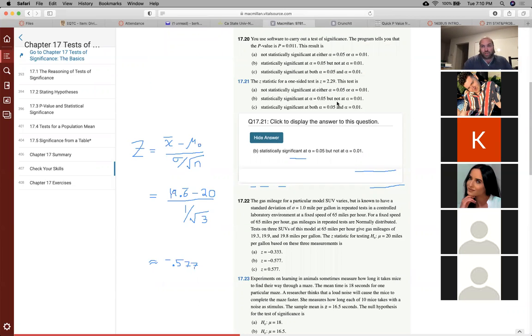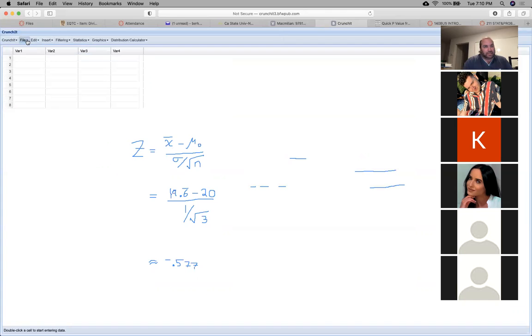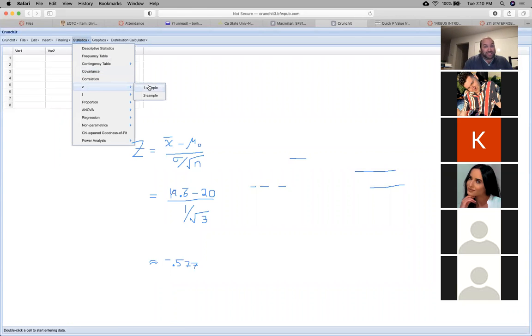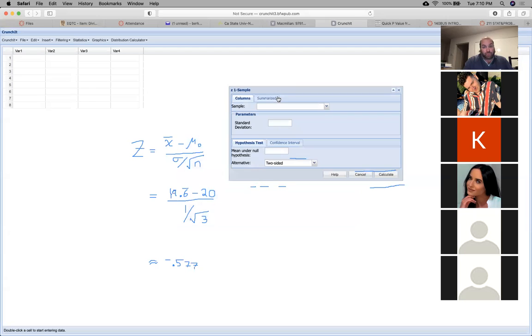Got it. So let's go back to Crunchit. What are we doing here? We're doing a hypothesis test. So I go to Z, I go to 1 sample, and I go to hypothesis test. Now, which aspects of the hypothesis test do we have? What is the mean under the null hypothesis? The mean under the null hypothesis is 20.